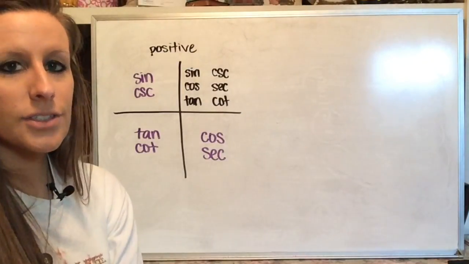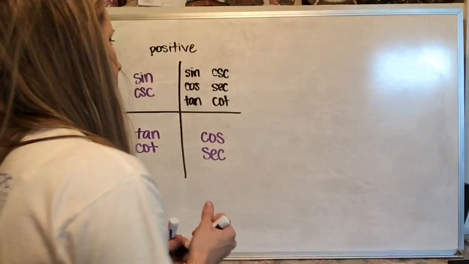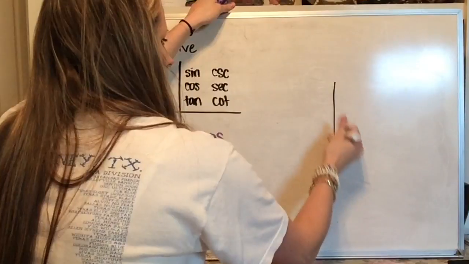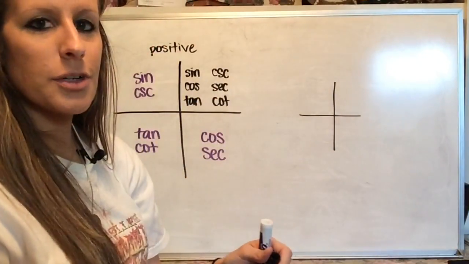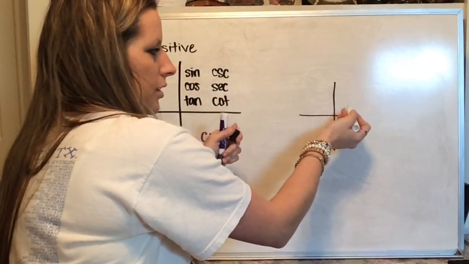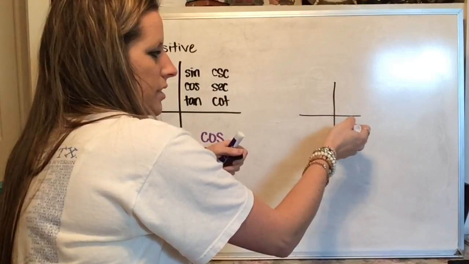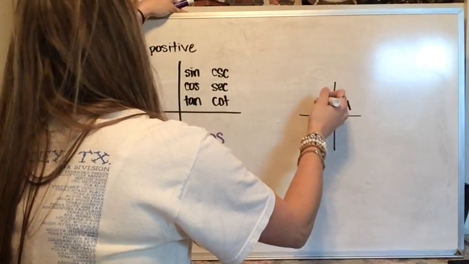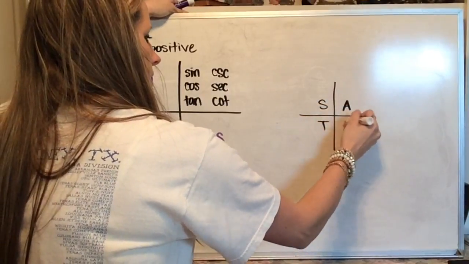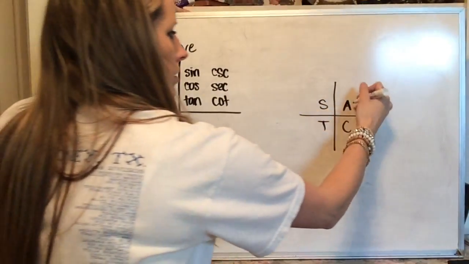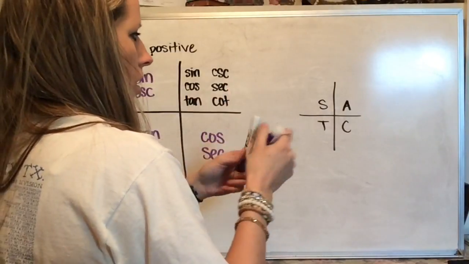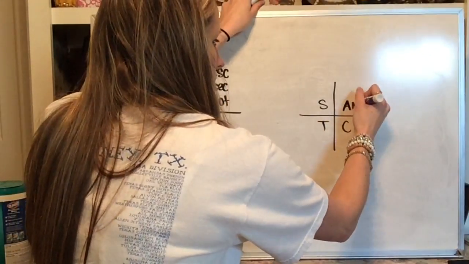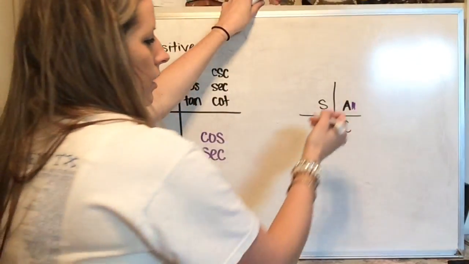Okay, so there is a trick to remembering it. The way I was taught to remember it is starting in quadrant 1, going counterclockwise like that: A, S, T, C. So all your functions are positive in quadrant 1.